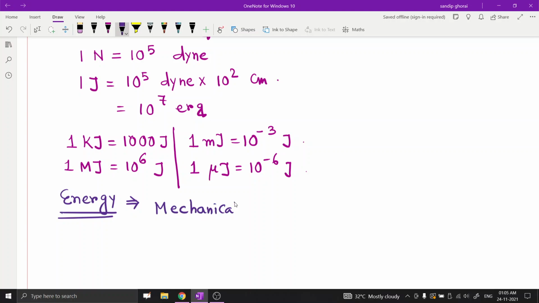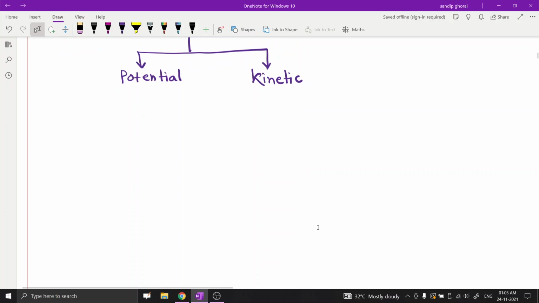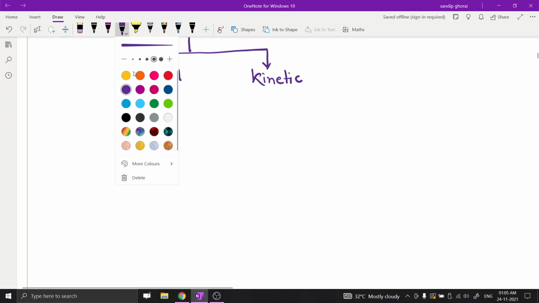You already know that in this category there are two types of energy: one is potential energy, and another one is kinetic energy. Now the question is what is potential energy and what is kinetic energy.